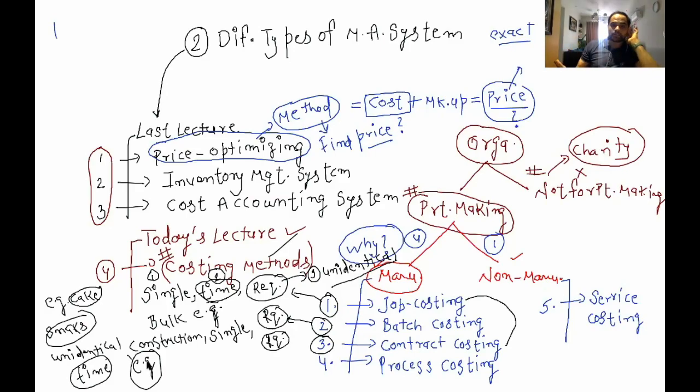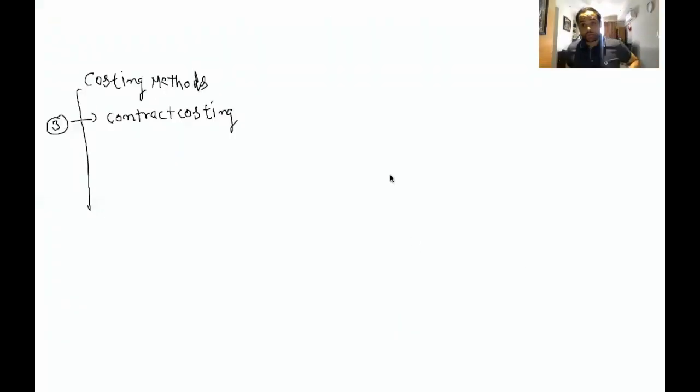These are examples, like roads, streets, any kind of construction. Okay, so that's all about contract costing. Keep in mind any kind of product that is construction in nature, in that case we're going to apply contract costing. But of course, it's different from job costing because of the time duration.